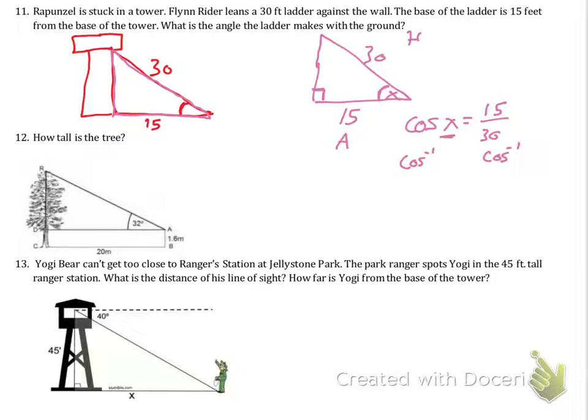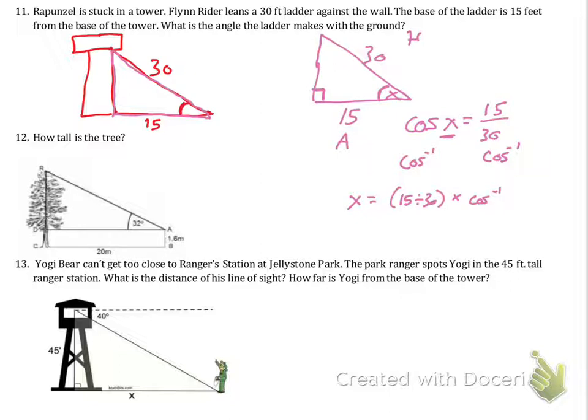And we're multiplying it. So it would look like x is equal to 15 divided by 30 times cosine -1. And that's what you would just type in your calculator. So I'll do 15 divided by 30, I know that's 0.5, times shift, cosine -1.